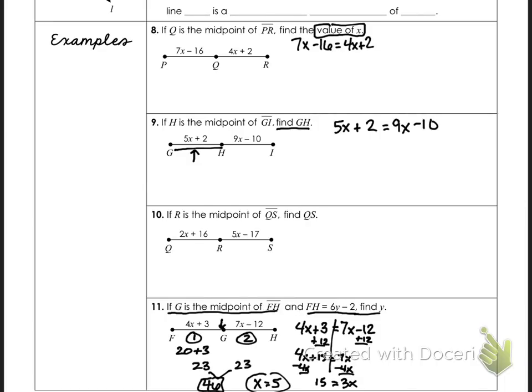Okay, so I know that whole piece, I know that all of FH is equal to 46. Okay, so how can I use that? Well, they tell me up here that FH is equal to 6y minus 2. And then right here, I get that FH is actually 46. So since FH is 46 and FH is 6y minus 2, I can say that 6y minus 2 is equal to 46.